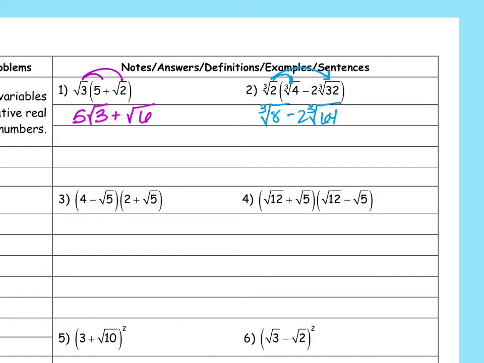Is that right? 64. And then the cubed root of 8 is 2, and the cubed root of 64 is 4. So 2 minus 8 equals negative 6.